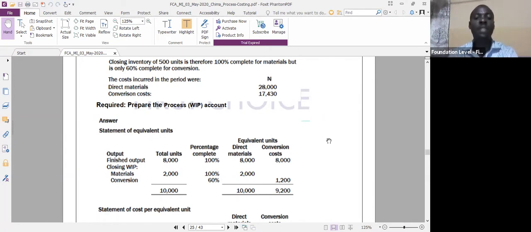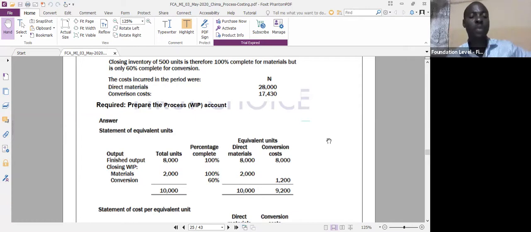We are told that the direct material is complete. For finished goods, both material and conversion are complete. So when we have 8,000 finished goods, it means 8,000 direct material complete and 8,000 conversion cost complete. So that's 100%. Now we have closing work in progress.